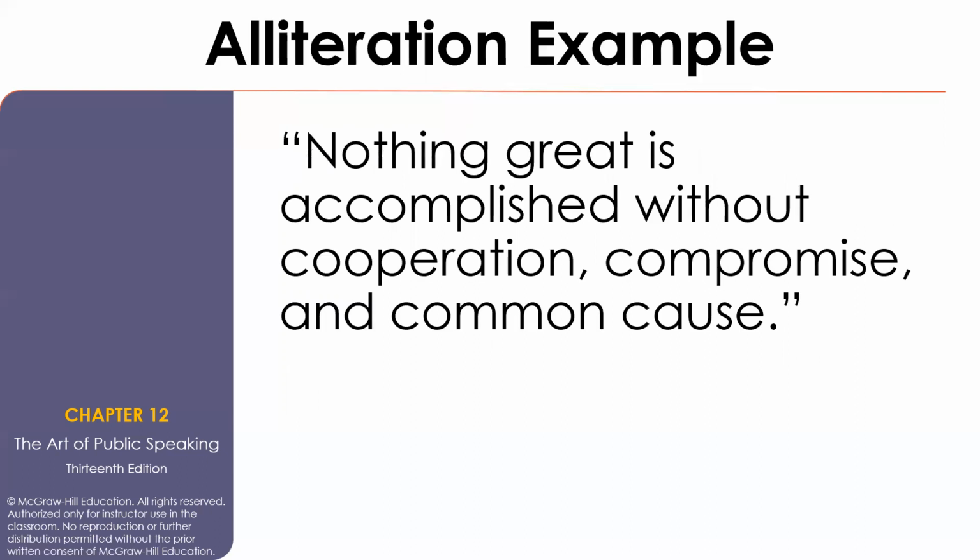So an example, though, is nothing great is accomplished without cooperation, compromise, and common cause. So here we see we've got a lot going. It's obvious that there's an alliteration with cooperation, compromise, and common cause, all the C words, but we also actually see it sort of snuck in with the word accomplished. So it gives that rhythm that we were talking about earlier and really punches it up as you're delivering your speech.